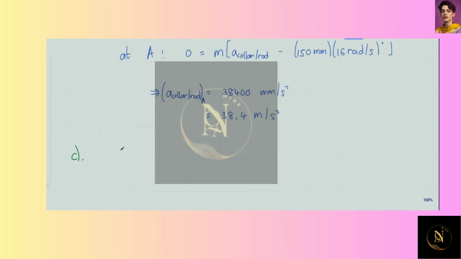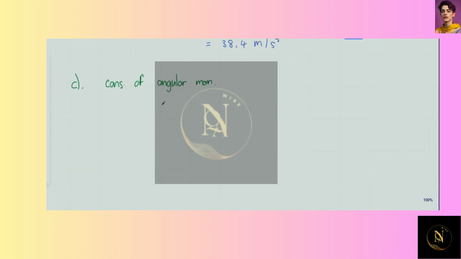So using the conservation of angular momentum, we get the following: RA times the mass of the collar m times the transverse component of its velocity VA theta is equal to R at position B times m times its transverse component of velocity VB theta.